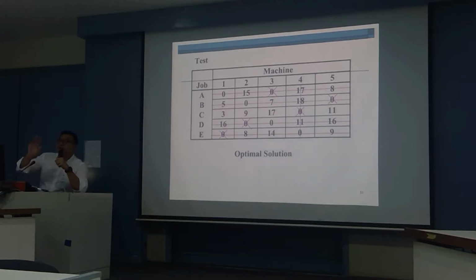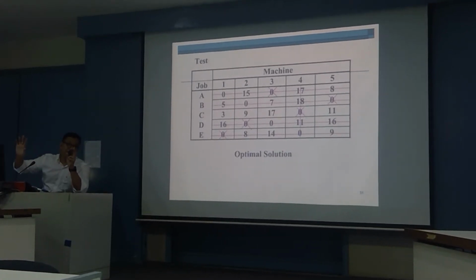So you see, the same example. Firstly, I started with row reduction first. We have no modification at all. We have the optimal solution. Secondly, I tried to start with the column first. We modify 2 times. So it doesn't mean that row is better than column for the first step.